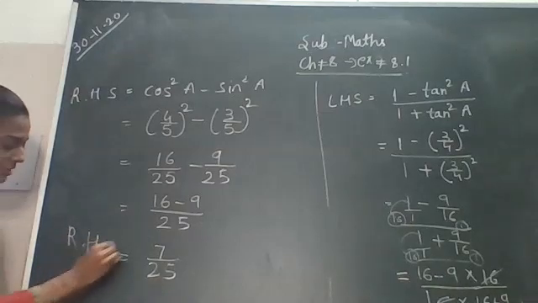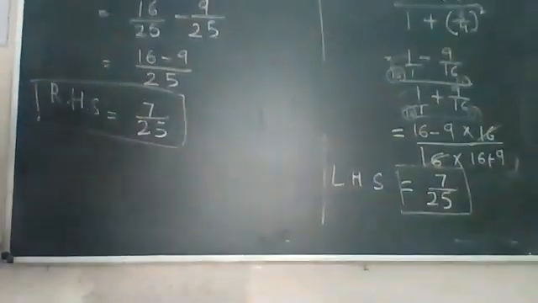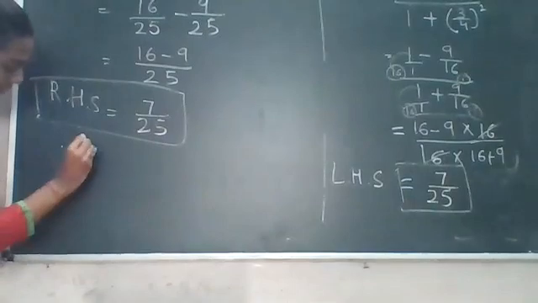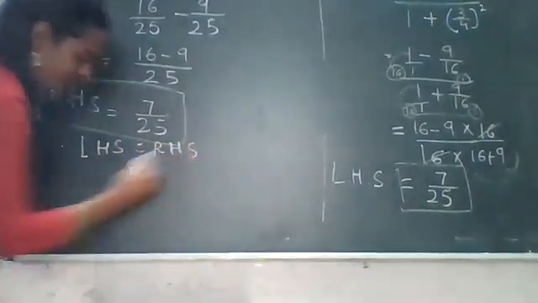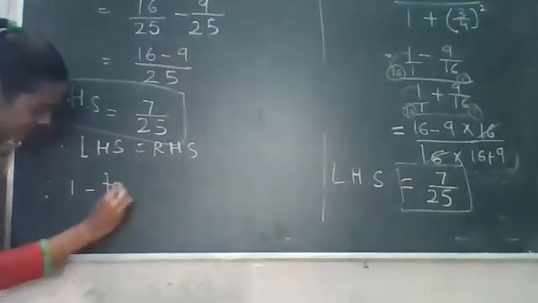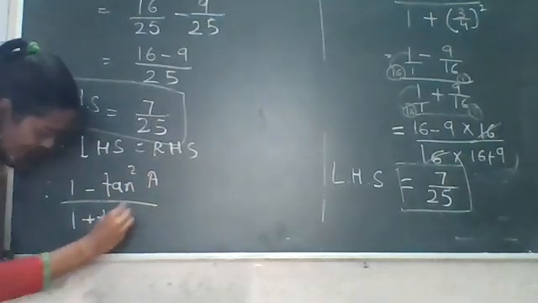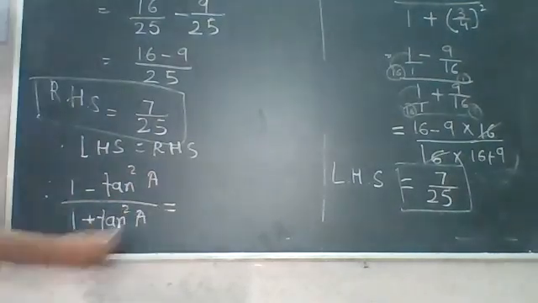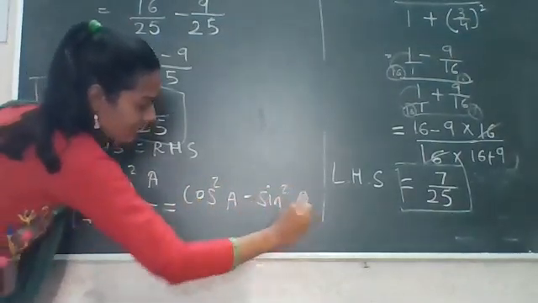So your RHS is also 7 upon 25. So we can write that here, LHS is equal to your RHS. So we have to write the same: 1 minus tan square A upon 1 plus tan square A is equal to cos square A minus sin square A.